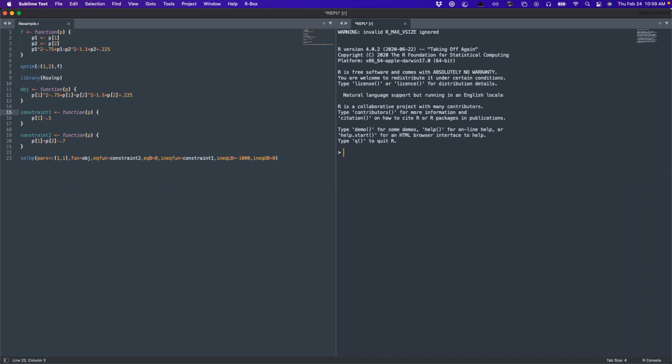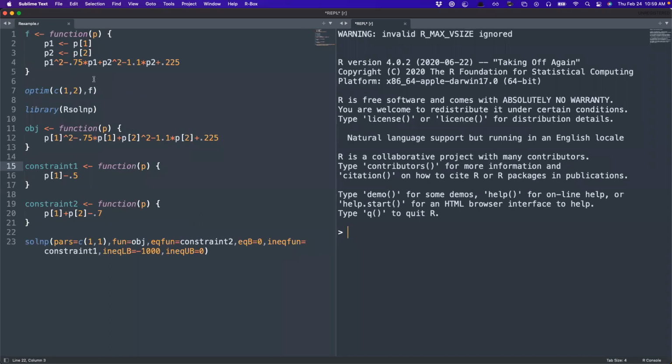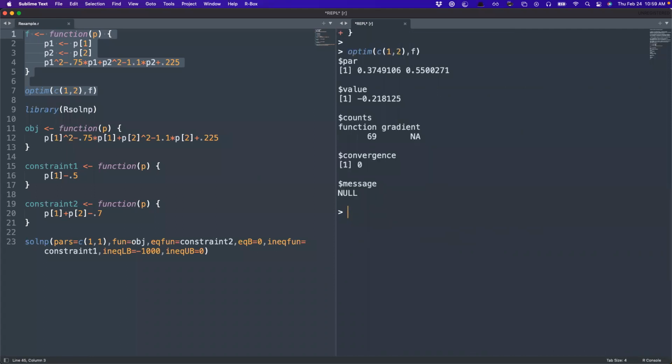Ignore lines 9 to 23. And let me blow this up a little bit. There is a function called optim, which will solve this. And if I run this here, we will see that it returns the values that we're looking for, our prices. So 0.375 and 0.55, same type of thing.